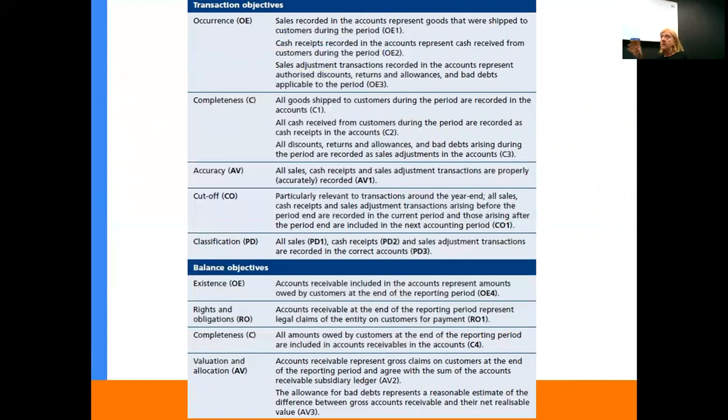You can see from the way these are worded, it is very precise, but it's very plain and straightforward. They haven't complicated anything. It's just stating things exactly as that objective, but instead of just saying all transactions are recorded, we're specific about the transaction, about the sales transaction or the receipt or the adjusting transaction.